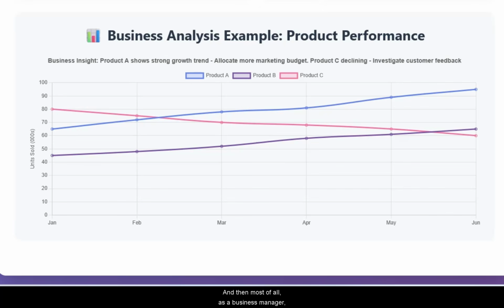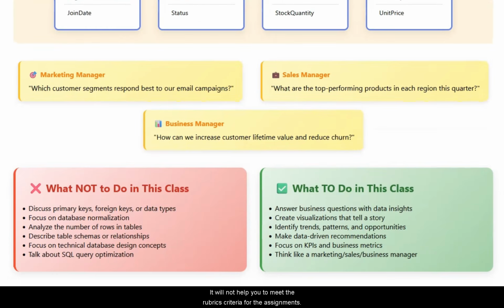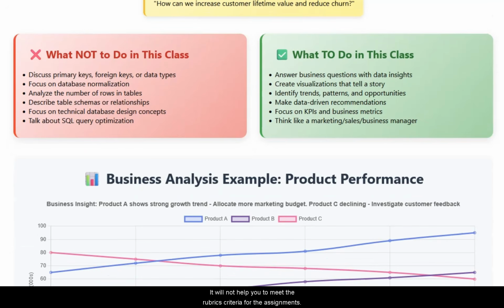And then most of all, as a business manager, I want you to start thinking in terms of revenue, profit, efficiency, customer satisfaction. Now, these are the don'ts. Do not drift into the technical perspective. It will not help you to meet the rubric criteria for the assignments.